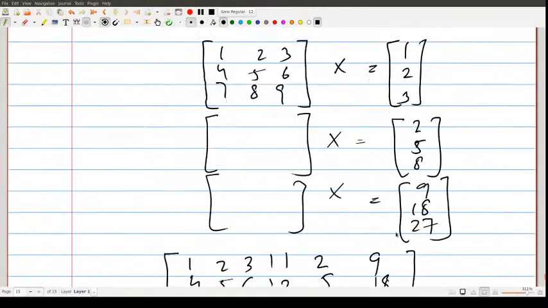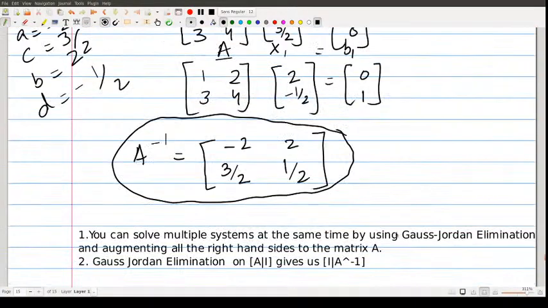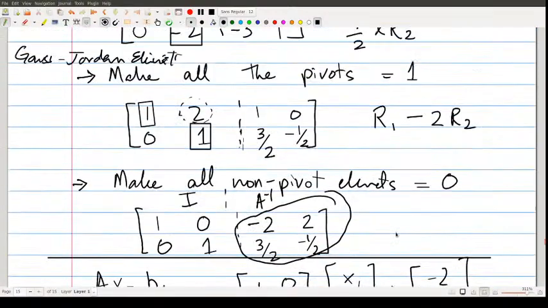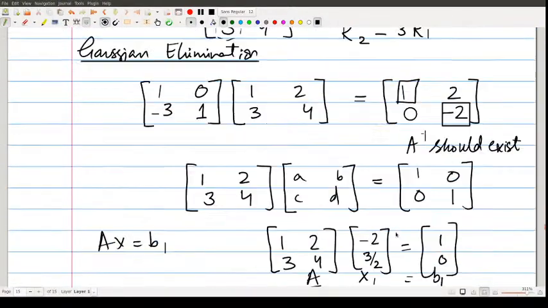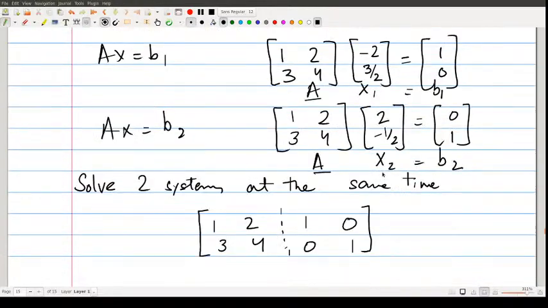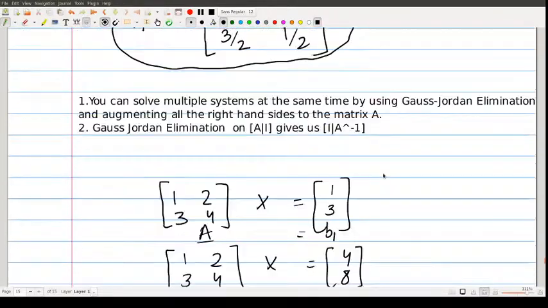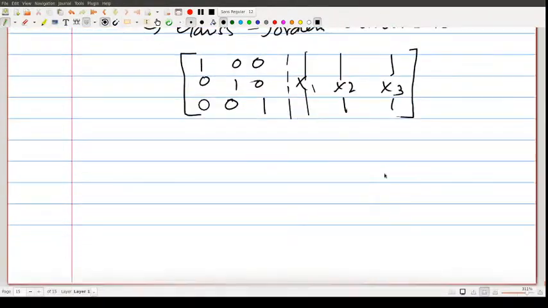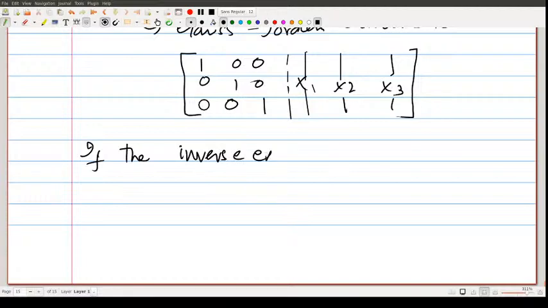Another way of knowing whether the inverse exists. I talked about 2 ways of knowing if the inverse exists. The first one was that we don't have any free variables, or that you have n pivots during Gaussian elimination. Another way: if the inverse exists, then the determinant of A is not equal to 0, something that you might be aware of.